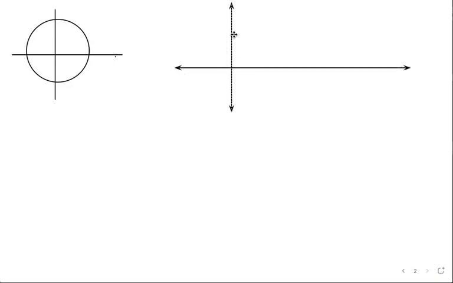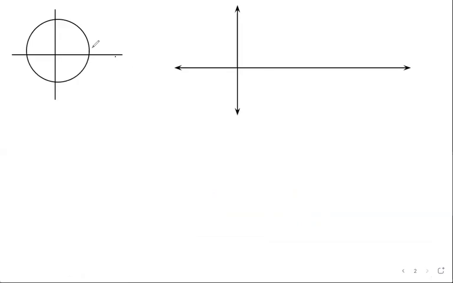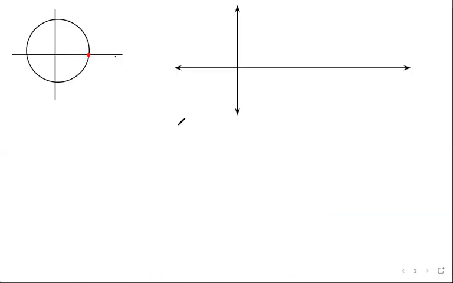So first of all, from the table before, from t equals 0 to pi over 2, t is the distance on the unit circle, okay? T is the distance. So t is 0 here, and t at pi over 2 is here.